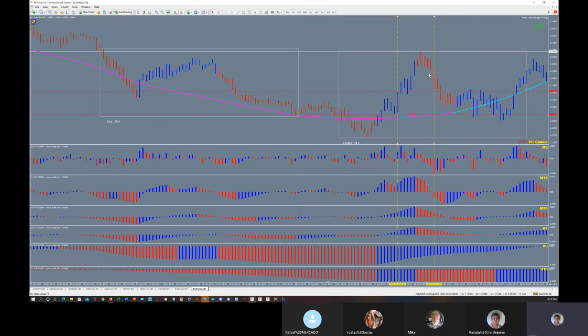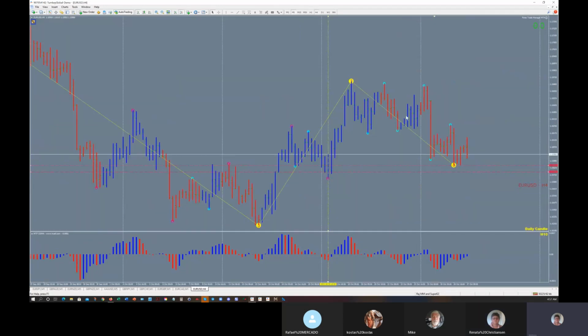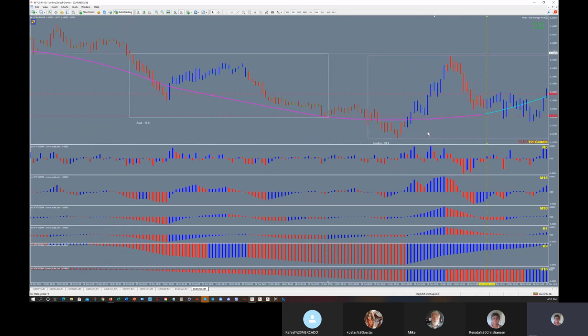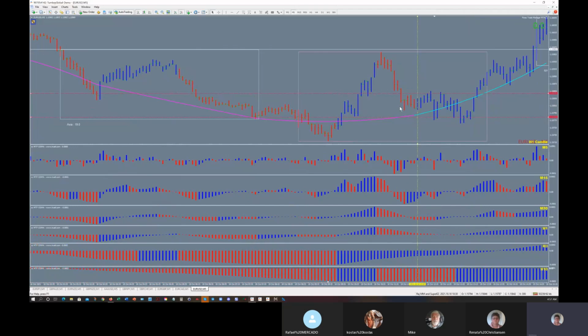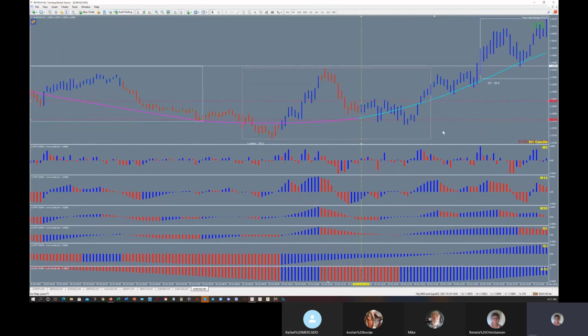Let's see what the H4 is doing. H4 is still red, so we're not in the trade yet. This is where it starts to turn blue. And then 5. I'm going to start taking trades in here.